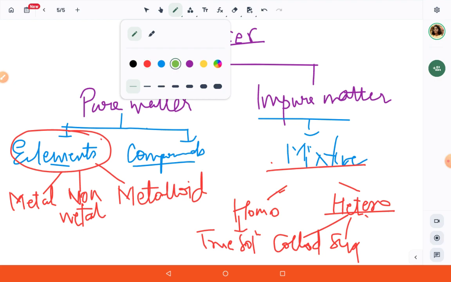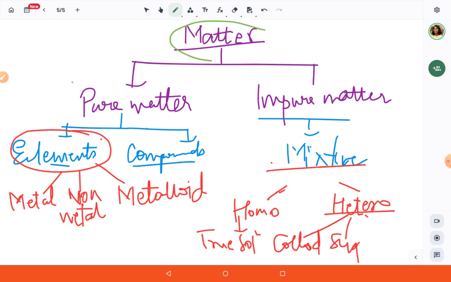We know now that matter was divided into pure matter that consisted of elements and compounds, and elements are classified into metals, non-metals and metalloids.